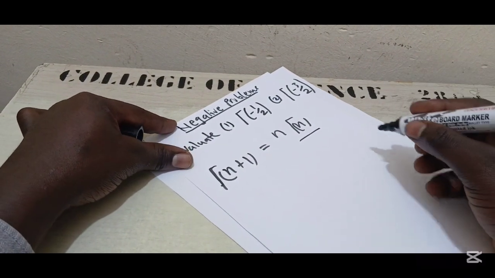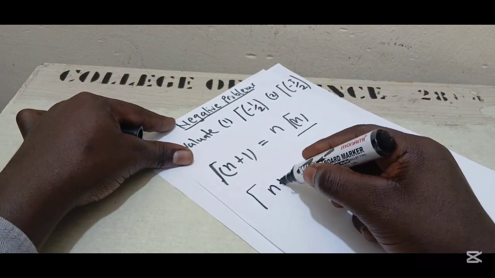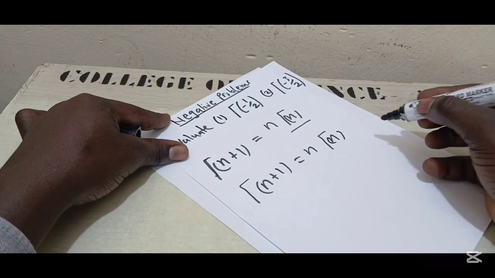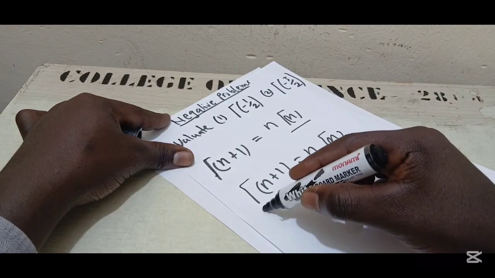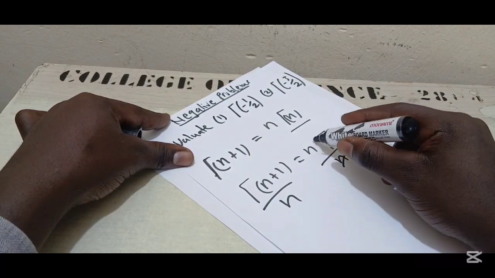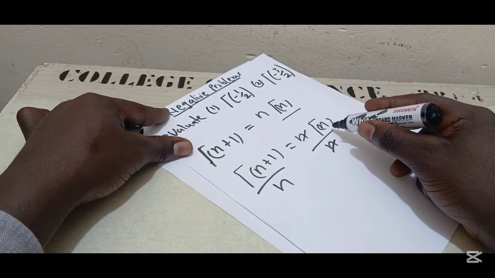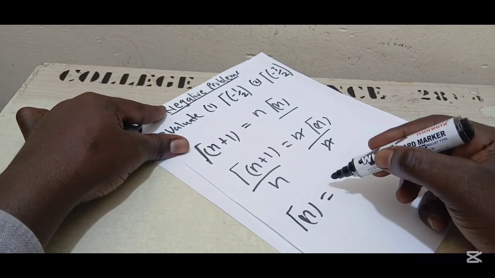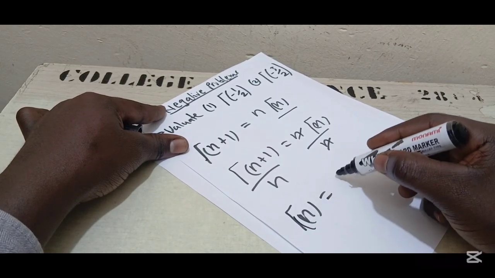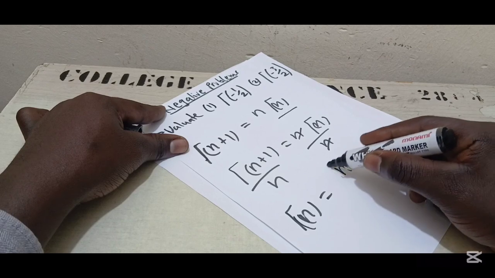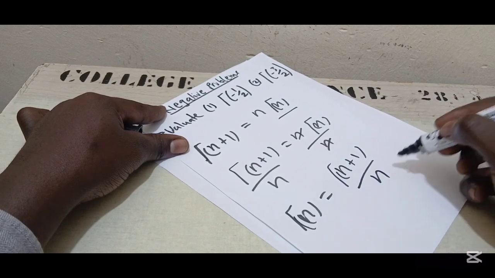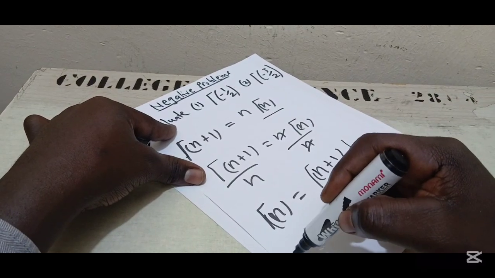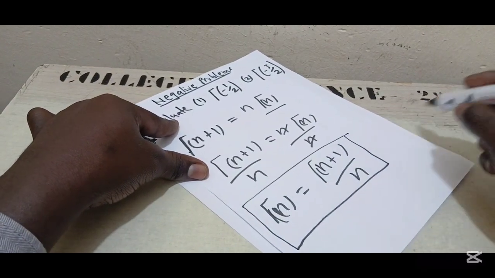So we just divide both sides by n so that n will take care of n. Then at the end of the day, we get gamma n equal gamma n plus 1 all on n. So for negative fractions alone, please don't forget to use this formula.